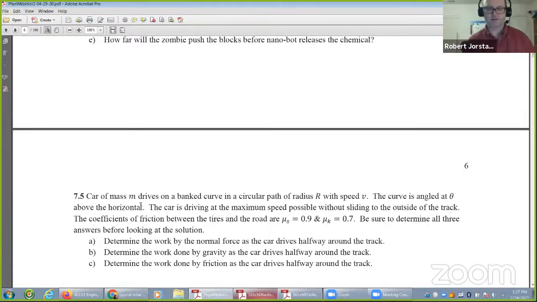Be sure to determine, okay, so let's just think about this. What is the work done by the normal force if you had to guess? Go ahead and unmute and take a guess. Or how would we proceed? What might you do?